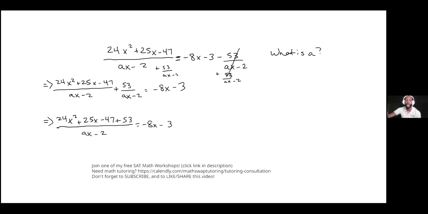Now we can combine the negative 47 and the positive 53, that would be a positive 6. So that becomes 24x squared plus 25x plus 6 over ax minus 2 is equal to negative 8x minus 3.